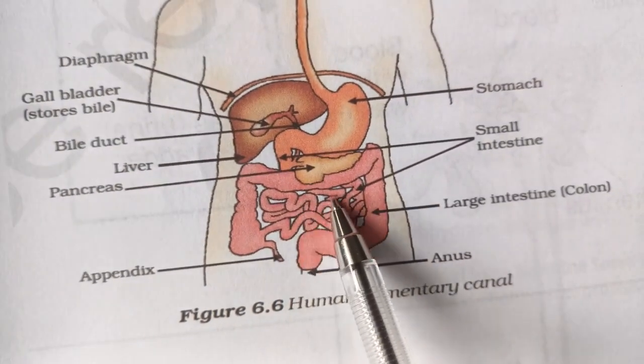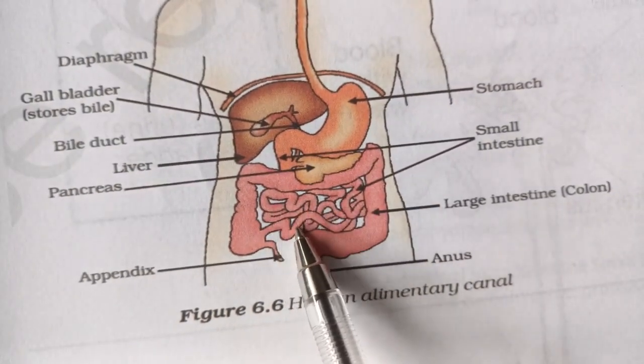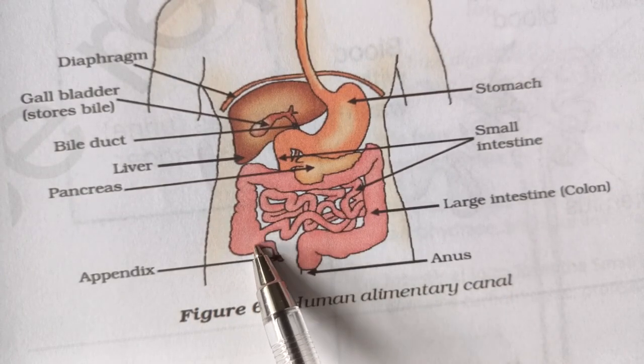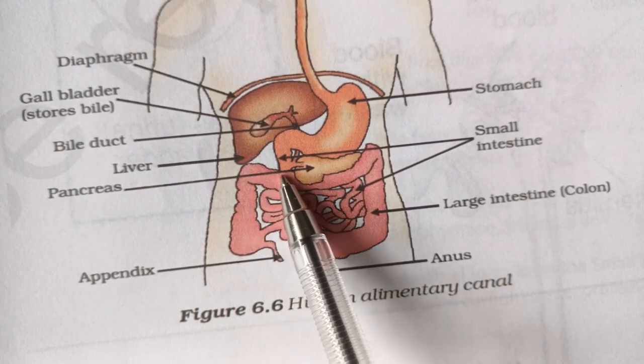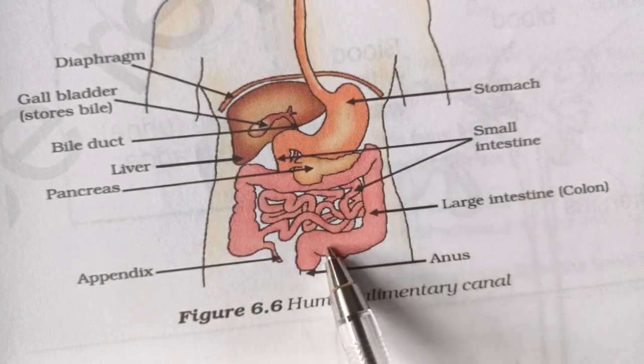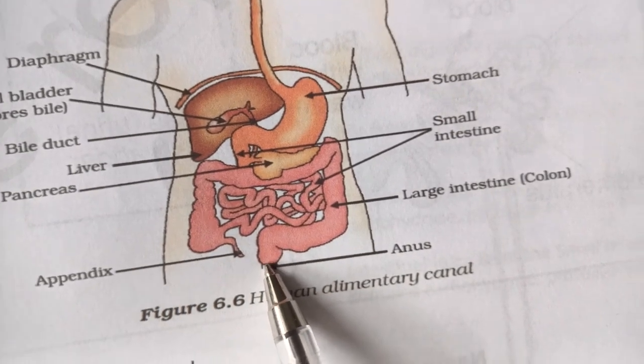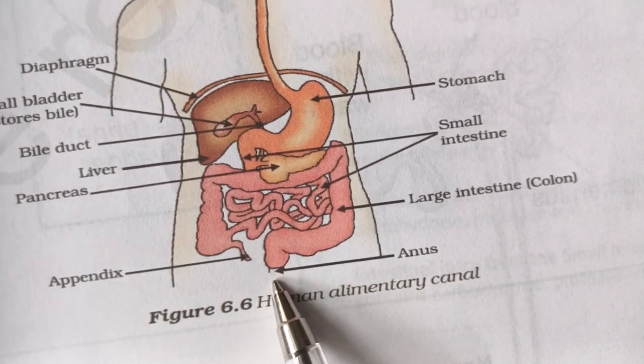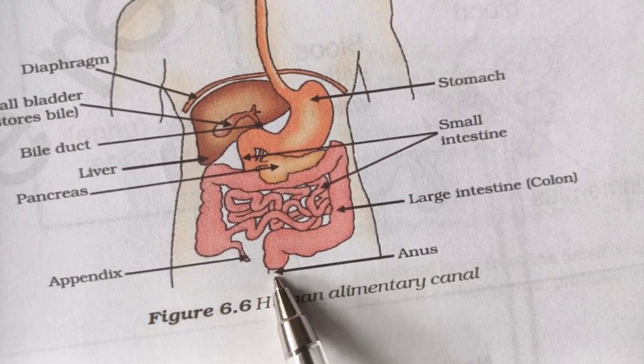So you can see this is the small intestine, the inner structure. It enters here into the large intestine. You can see this is the large intestine, okay, that ultimately goes to the anus, to the outside environment.